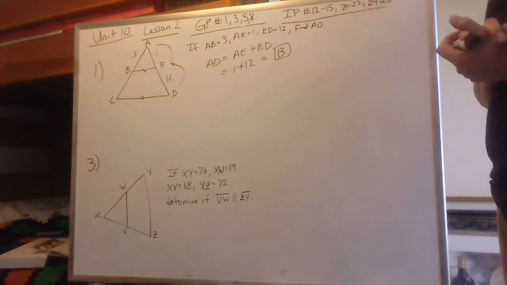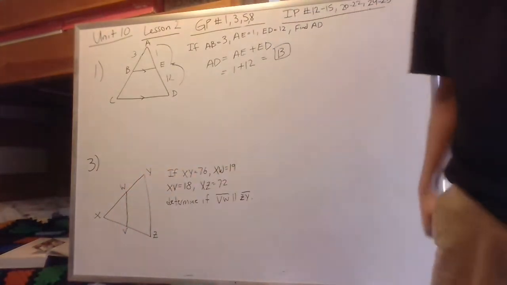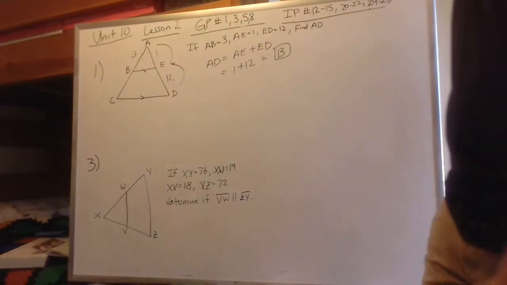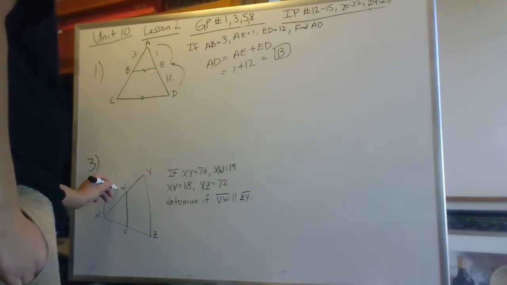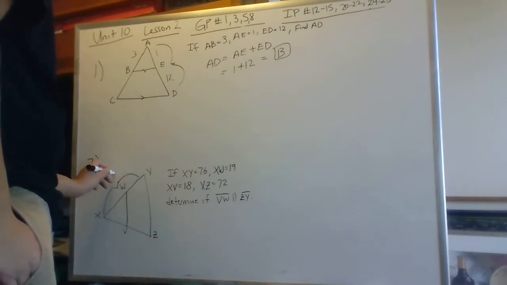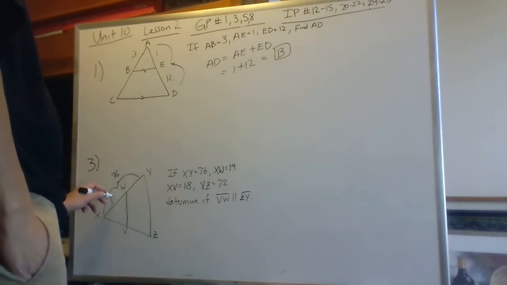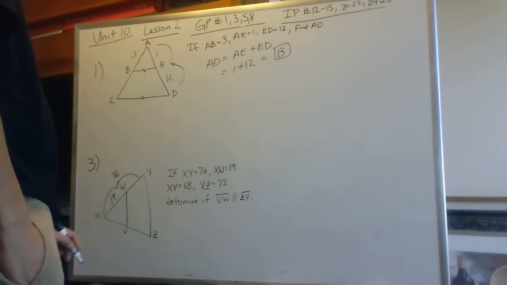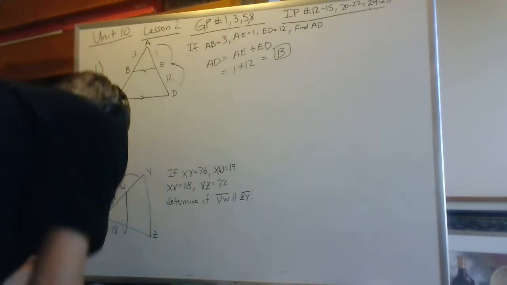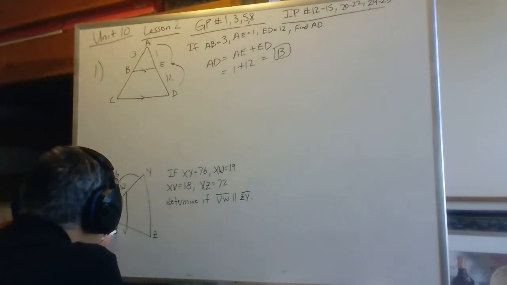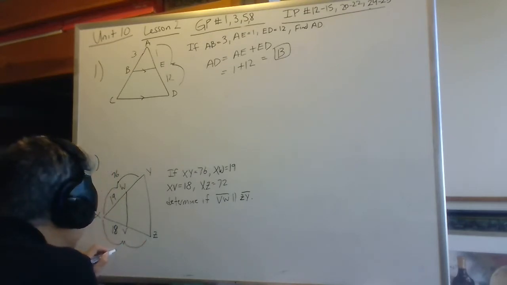Number 3 says if we have this triangle over here that are two similar triangles, it says if XY is 76, so this whole entire thing right here is 76, and XW is 19, XV is 18, so 18 right here, and XZ is 72.